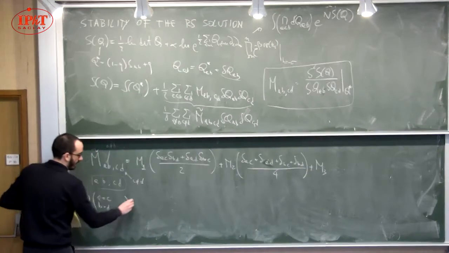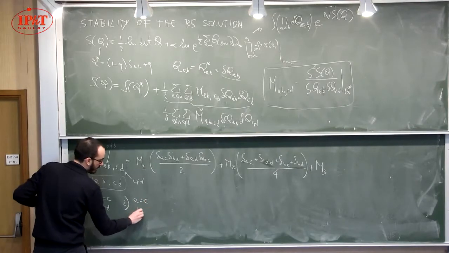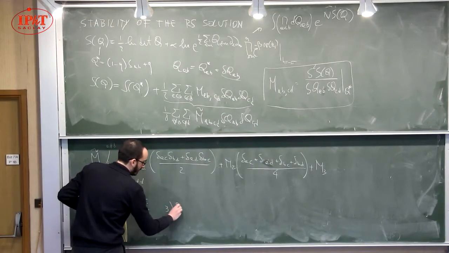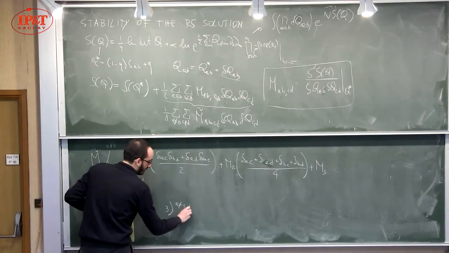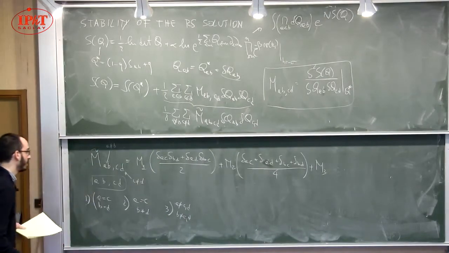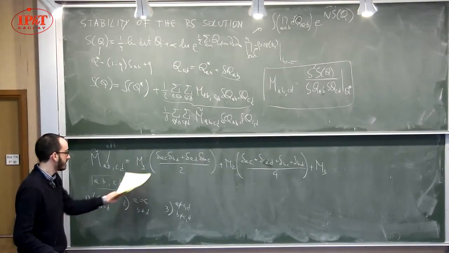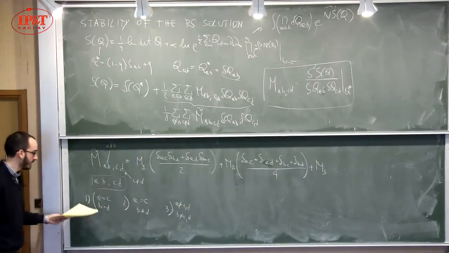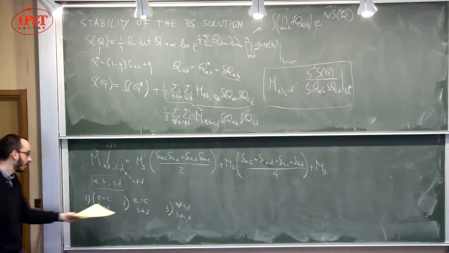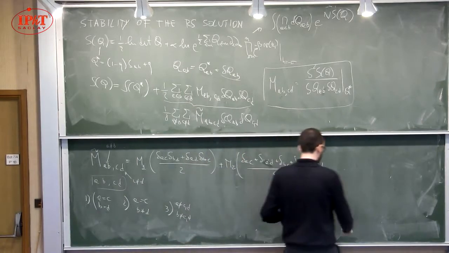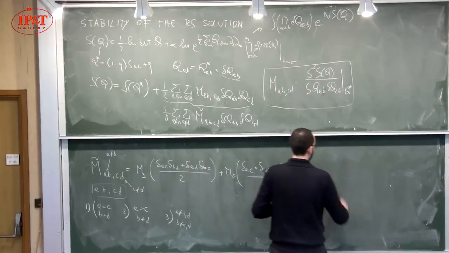Then you have A is equal to C, and then B is different from D. And the third case is that A is different from C and D, and B is different from C and D. This means that you can arrange this in this form with three coefficients that just depend on these three things.